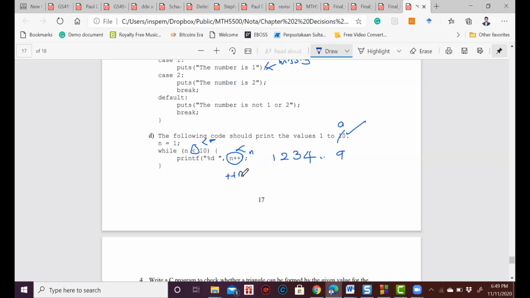This one is prefix. Plus n is different from n plus plus. So the first plus n, the value will be 2. We print 2, and then the n here will be 2. Plus n, 2 less than 10, yes. And then plus n is 3. 3.